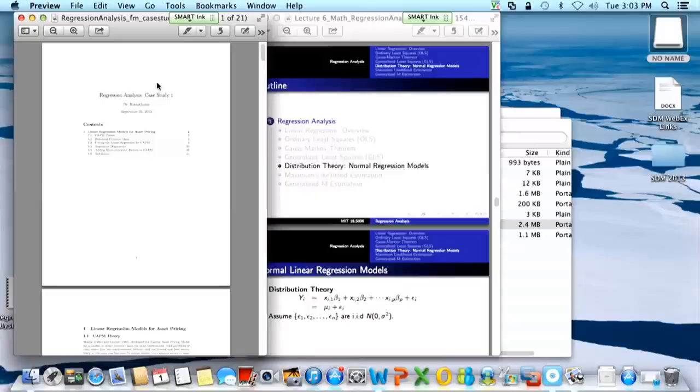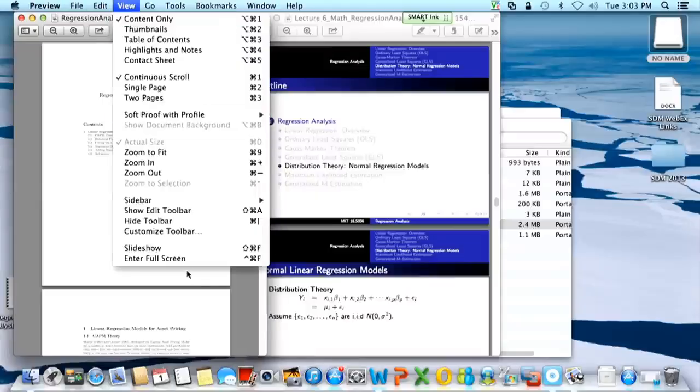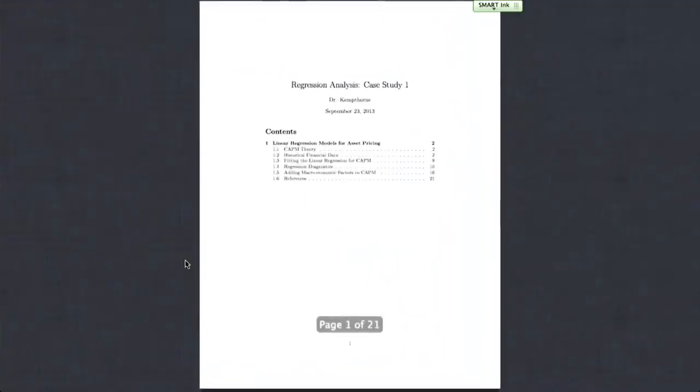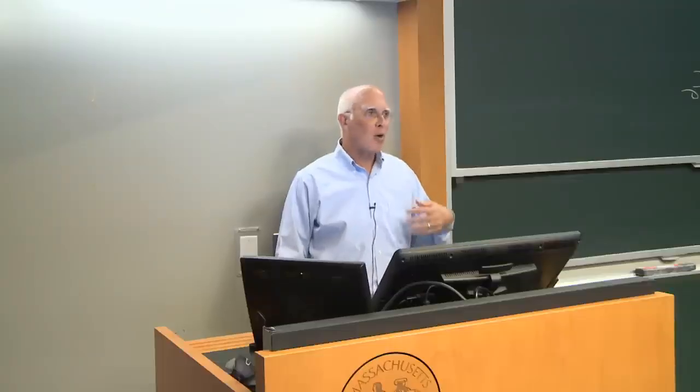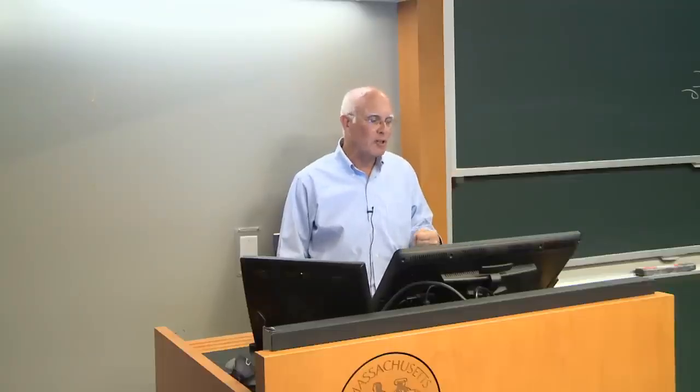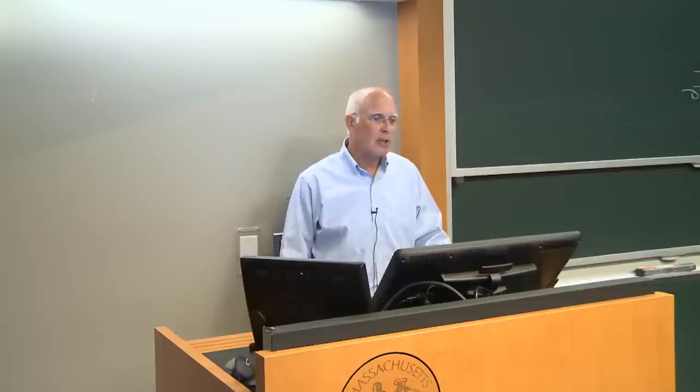This case study begins by introducing the capital asset pricing model, which basically suggests that if you look at the returns on any stock in an efficient market, then those should depend on the return of the overall market, but scaled by how risky the stock is. And so if one looks at what the return is on the stock on the right scale, you should have a simple linear regression model.